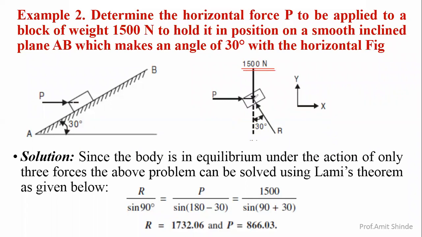There will be a reaction R developing at the support. The self weight of 1500 Newton is going vertically downward, the P force is horizontal, and the reaction makes an angle of 30 with the vertical.